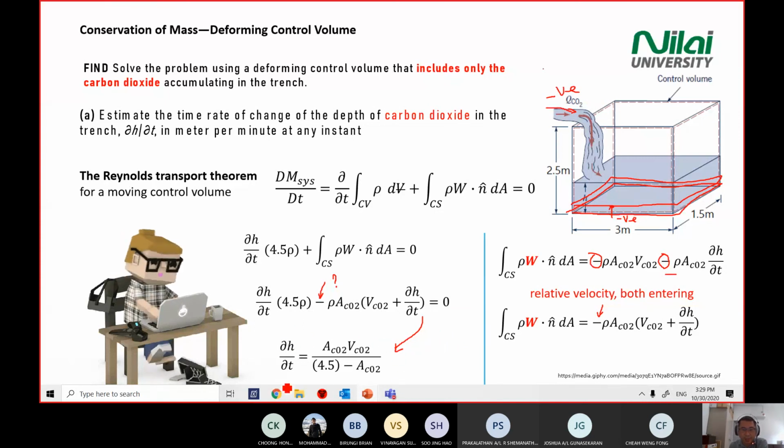That's why we arrive at the equation without the rho. For control volume questions, most of the time we do not need the rho value, but when you solve the question, we still need you to show us the steps.